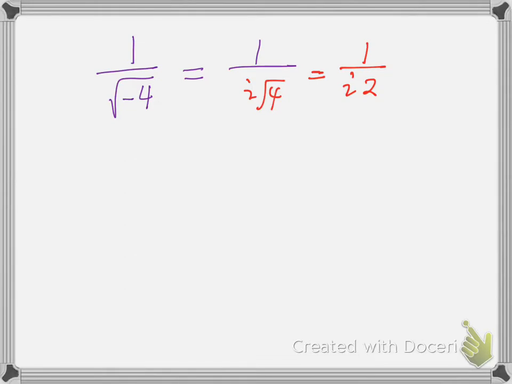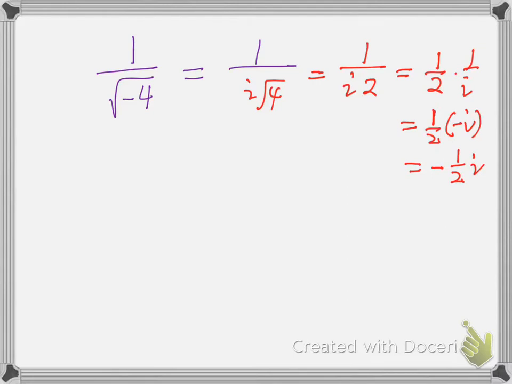And what's 1 divided by i? It's -i. So this is 1/2, that's 1 divided by 2, times 1 divided by i. 1 divided by i is -i, so this is 1/2 times -i, which is -1/2 i.